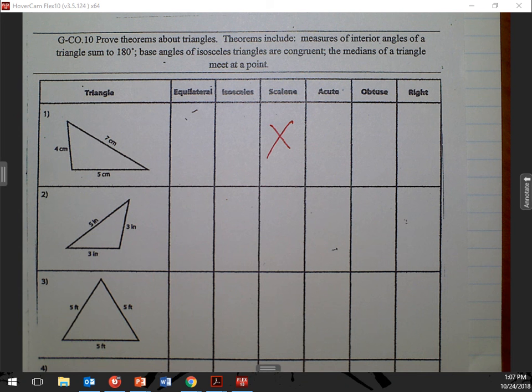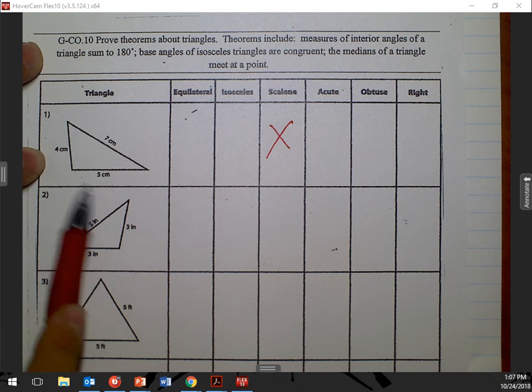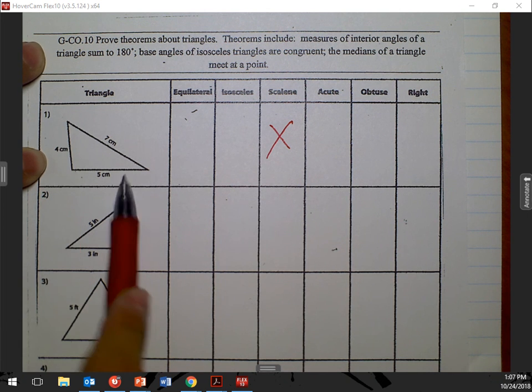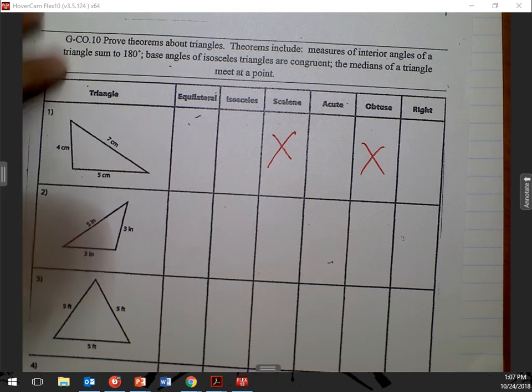Right there, in between the 4 and the 5. That looks like it's more than 90, doesn't it? It's stretched out a little bit more than right. A right one would be straight up and down, wouldn't it? And a right one usually has a box right here. So, if it's more than 90, it's going to be obtuse.